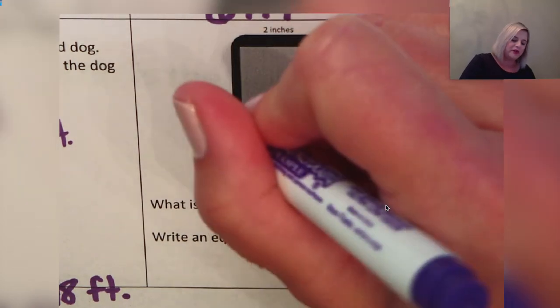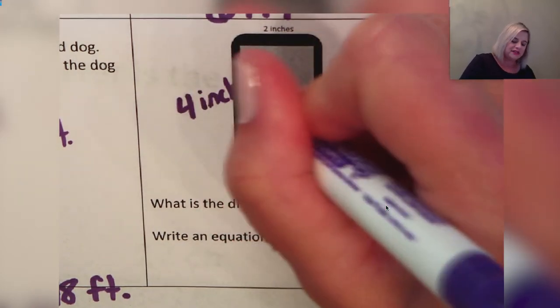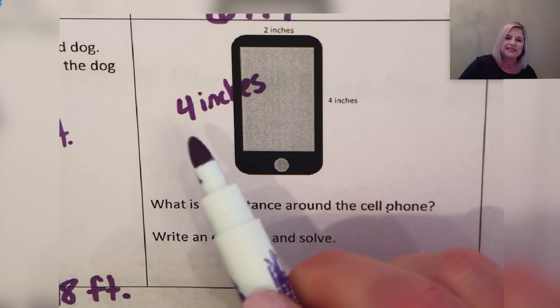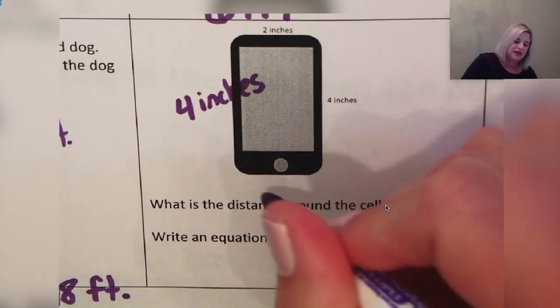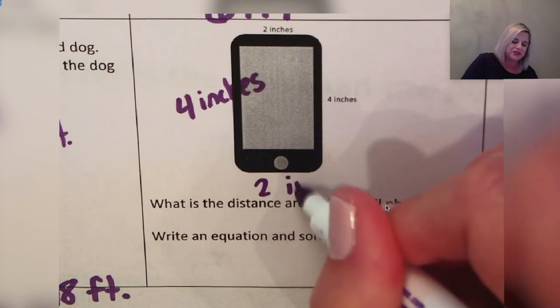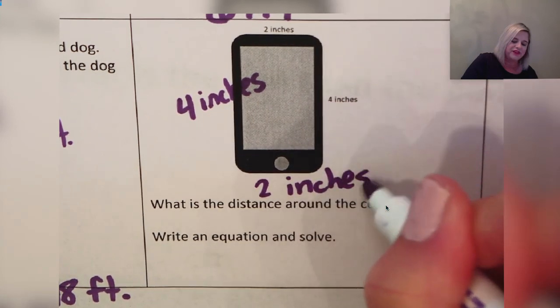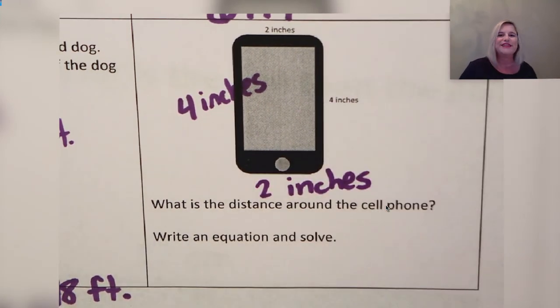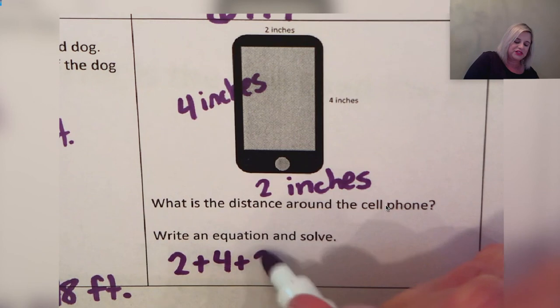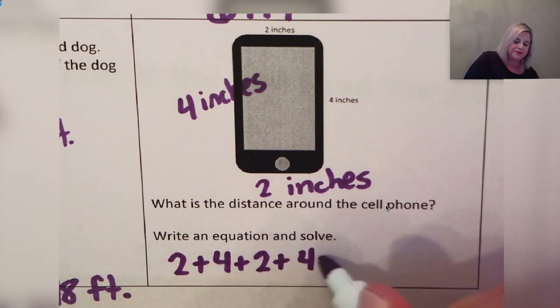How do you know that it is 4 inches? Yes, because this is a rectangle and we know the opposite side is the same length. So if it's 2 inches up here, we also know it's 2 inches on the bottom. Very good. Now let's write our equation and solve. I have 2 plus 4 plus 2 plus 4.